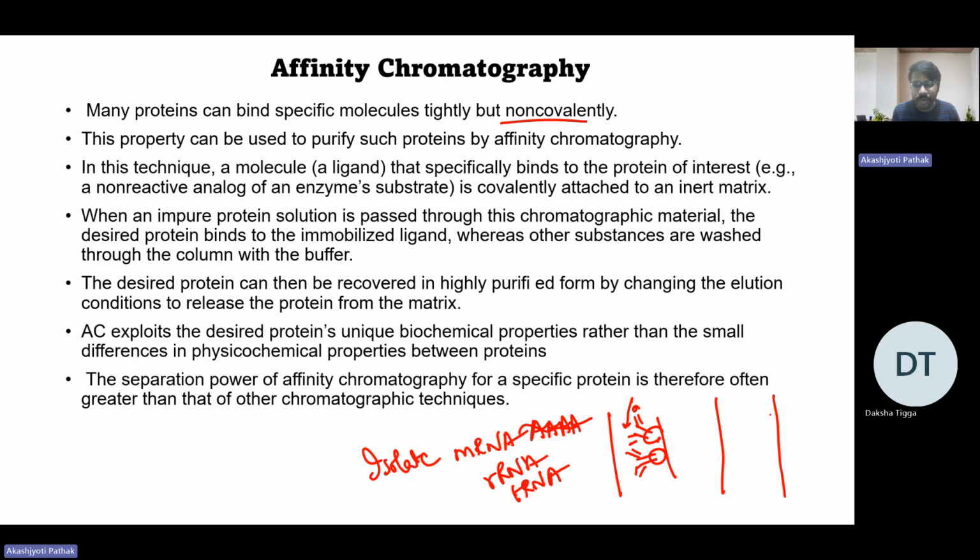Here, we have beads, and these beads are immobilized with a particular molecule. It can be an antibody molecule. It can be an enzyme or a substrate also. You can directly immobilize the substrate and then you pass the enzyme.